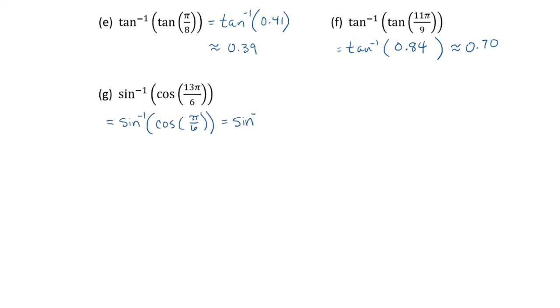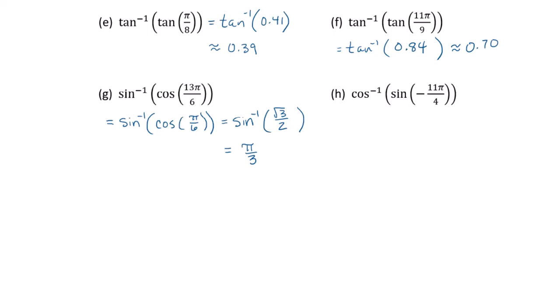Now we work on the inside. The cosine of pi over 6 is square root 3 over 2. Now the inverse sine of square root of 3 over 2, remember we're pulling from angles negative pi over 2 to pi over 2, that's going to be pi over 3. So we get a nice exact answer on this one.